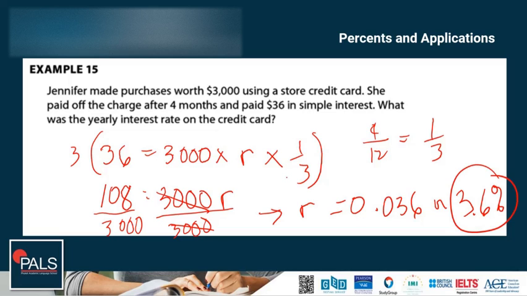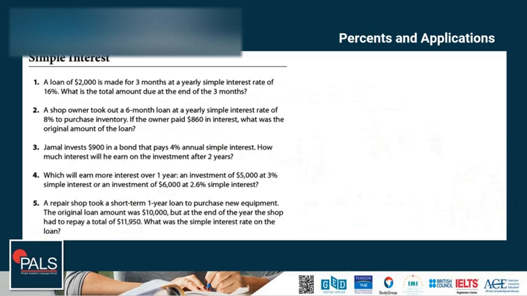Let's proceed to the drill. At this point, I want you to pause the video again and try answering the 5 simple interest problems. Then continue the video to check your answer. Are you done? Here are the answers. Number 1, the answer is $2,080.